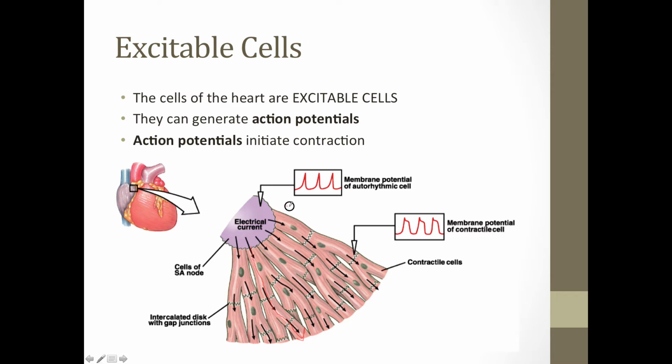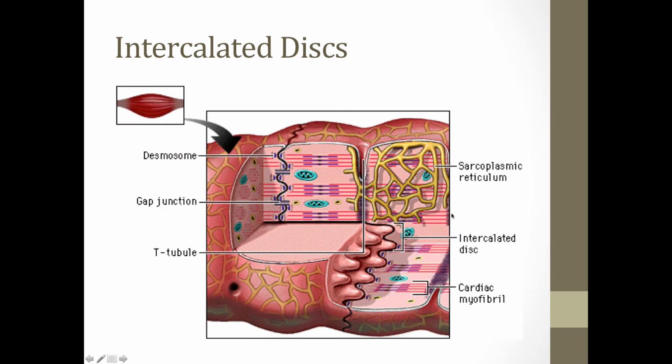So one by one, we'll see this wave of contraction spread. And we can measure that wave of contraction by looking at the readout of the charge of those cells' membranes. The more excitable they are, the higher the charge.